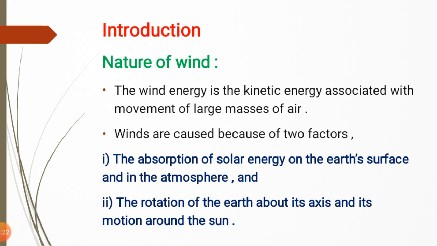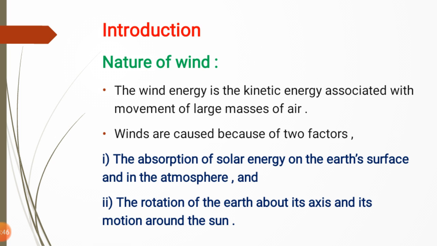First is the absorption of solar energy on the earth's surface and in the atmosphere, and second is the rotation of the earth about its axis and its motion around the sun.